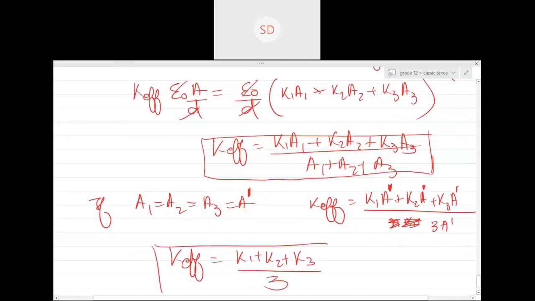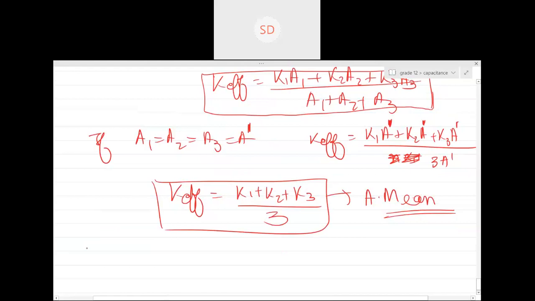Can you see this? In the previous case, it was harmonic. This is arithmetic. Basically, can you see over here in the series combination, if the distances T1, T2, T3 are equal, then the effective, let me write it in the form of a note.